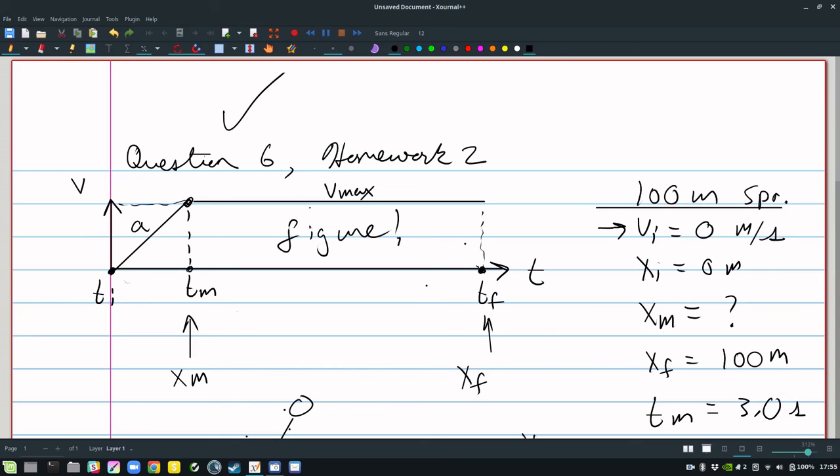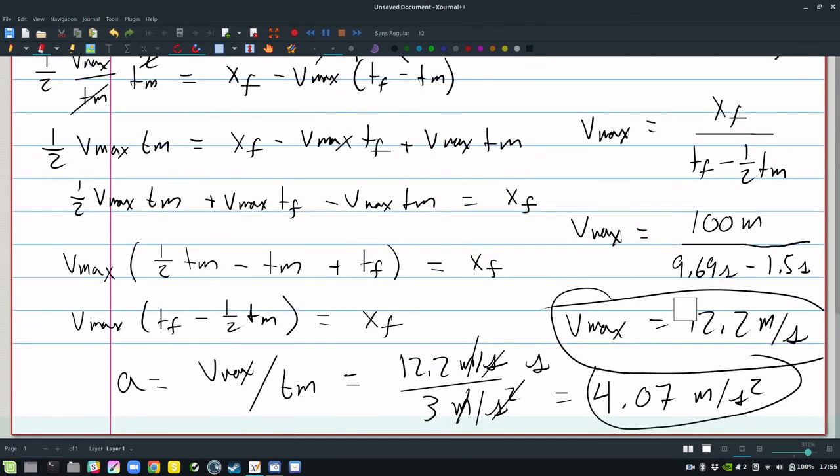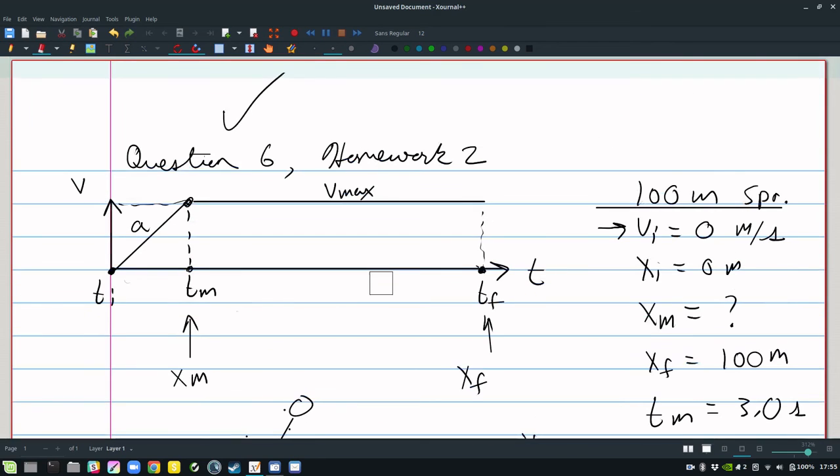And as long as your graph or your figure is accurate, you can start to compartmentalize the problem into the first part and the second part, writing equations and then solving those equations with correct data. And that leads you to new knowledge that you didn't have before about the maximum velocity in this case, and the acceleration. So thanks for your attention.